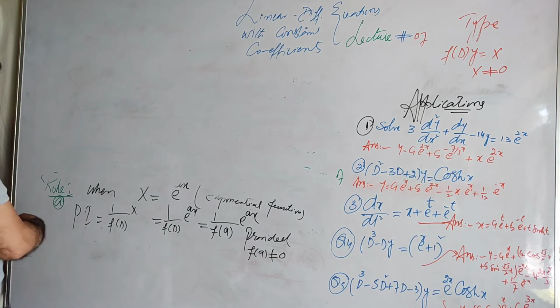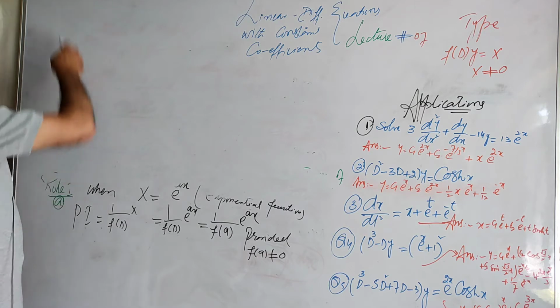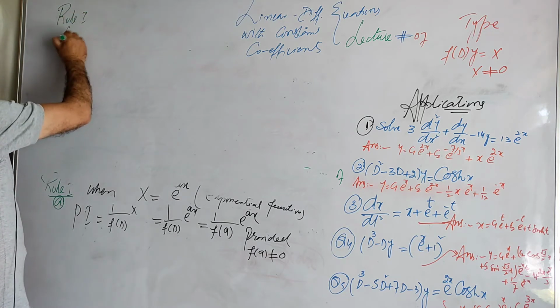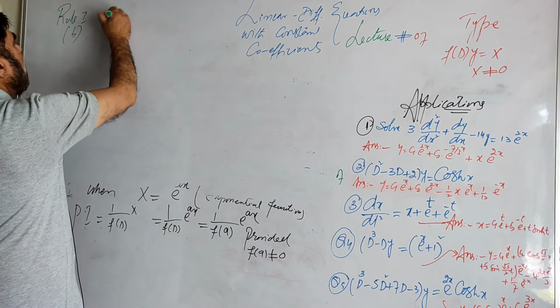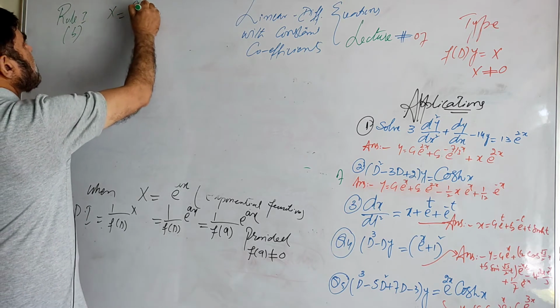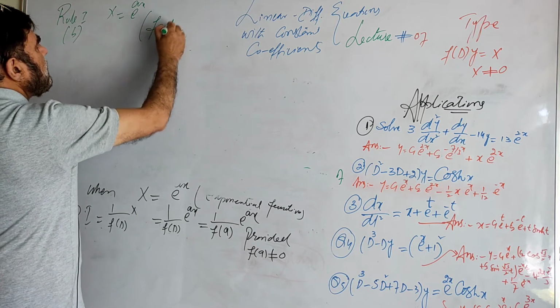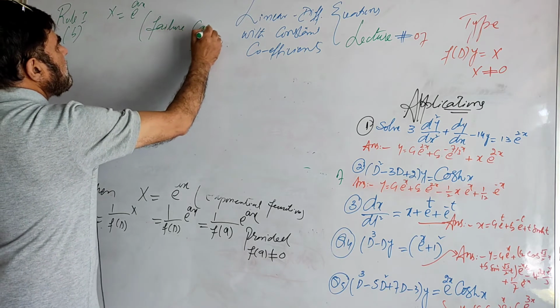I will write here, it is again rule number 1, but I will name it b part. When x is e raised to power ax, it is a failure case.